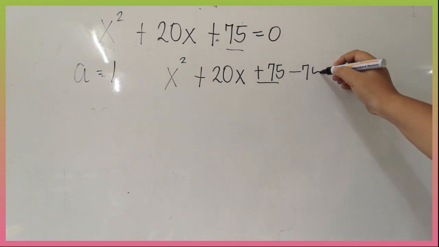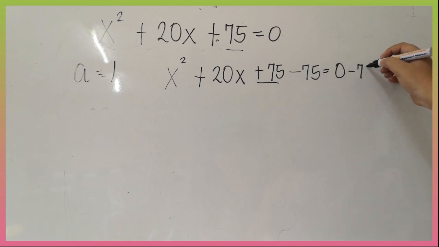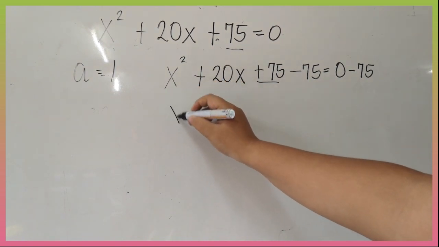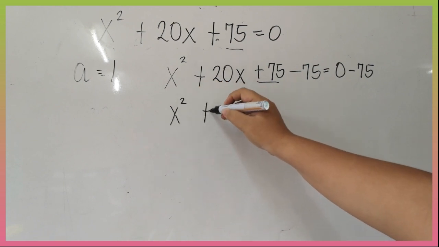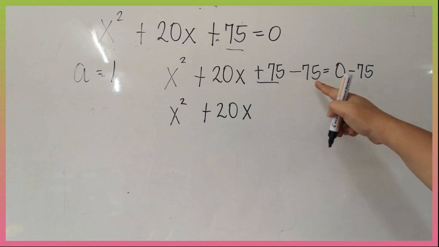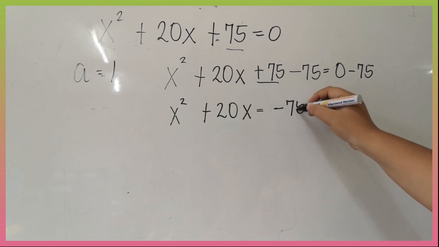Minus 75 is equal to 0 minus 75. Let's simplify the equation. X squared plus 20x. 75 minus 75 is 0. 0 minus 75 is negative 75.